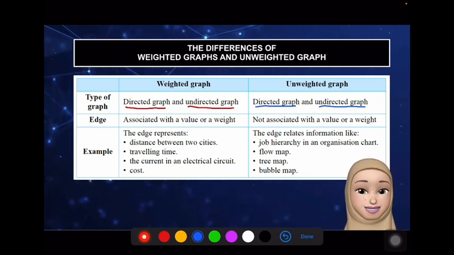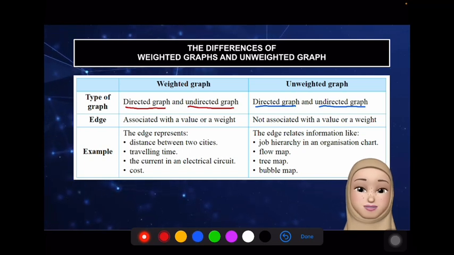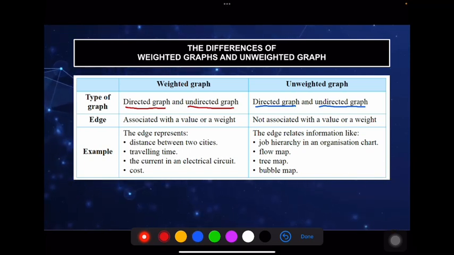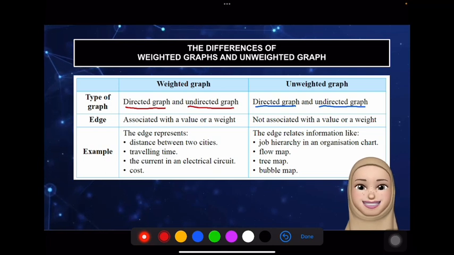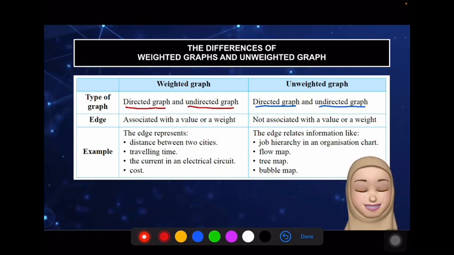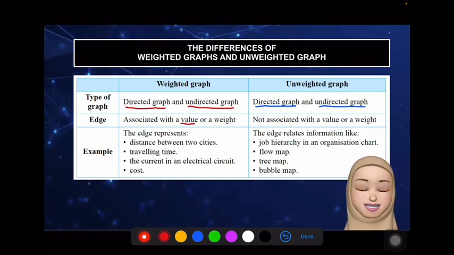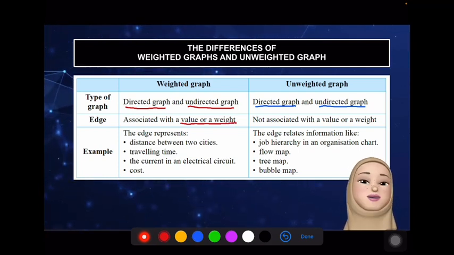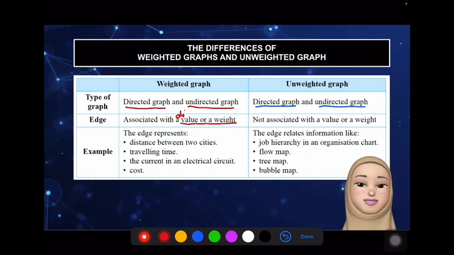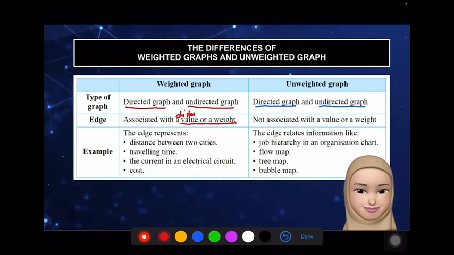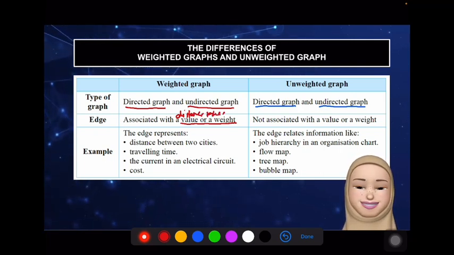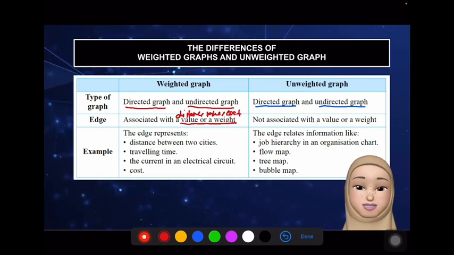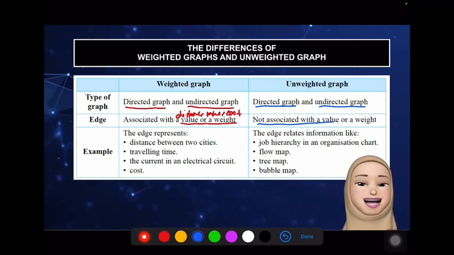How about the edge? For weighted graph, it's associated with a value or a weight. It can be a distance, a price, cost, or any other value. But for unweighted graph, it's not associated with a value or a weight.